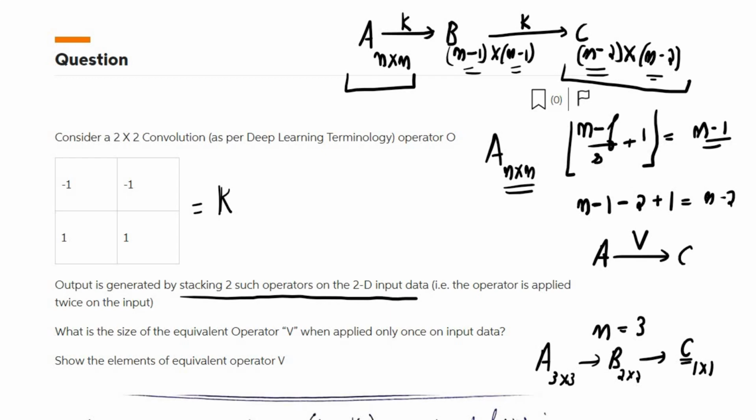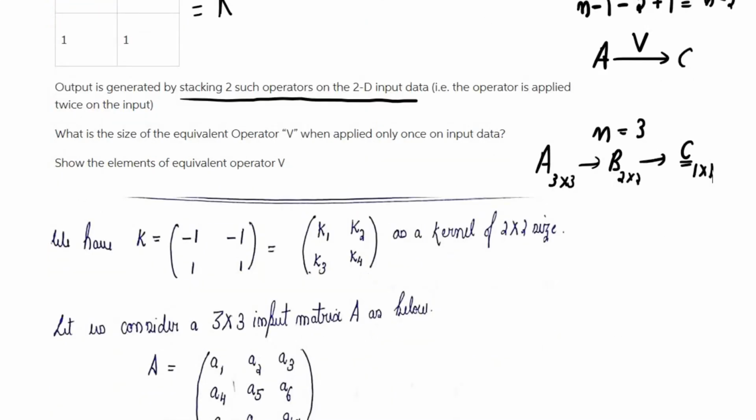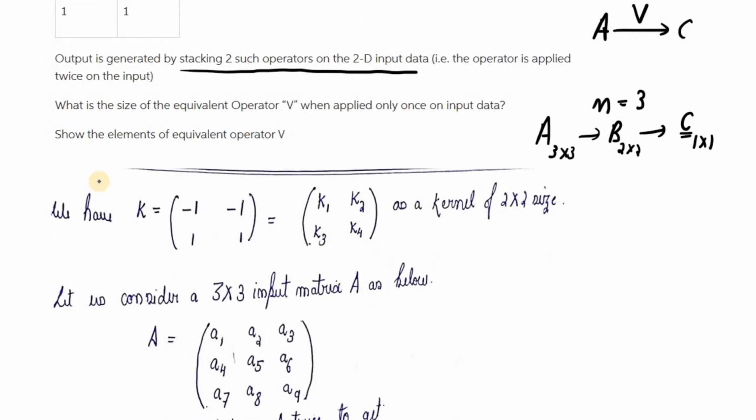So always we need to make assumptions in such a way that the calculations are simplified. So we will just assume a 3 cross 3 generic matrix A and try to move from A to C in the following way. So this is what we did. So we have this kernel K. We write it in a very generic form: K1, K2, K3, and K4.